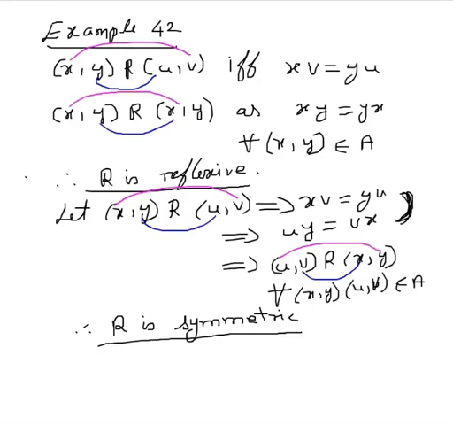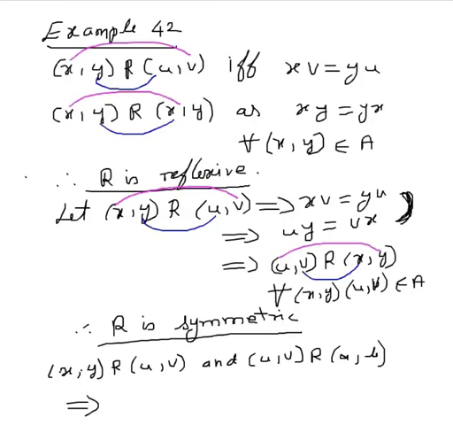For transitivity, we will consider (x, y) related to (u, v) and (u, v) related to another, third element. Let us take it as (a, b). This implies x into v is equal to y into u and u into b is equal to v into a.